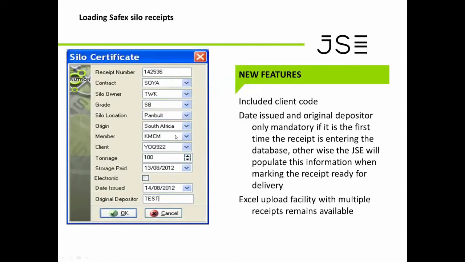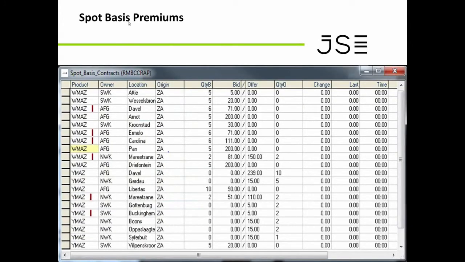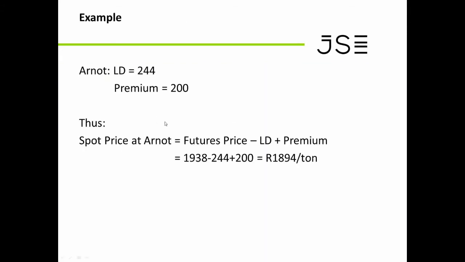And then on this spot basis window, let's see if we can locate R0 somewhere here. Yes, you see R0 here was attracting 200 Rand. So there was a willing buyer at 200 Rand as an additional premium. That is the information I'm using in this example.